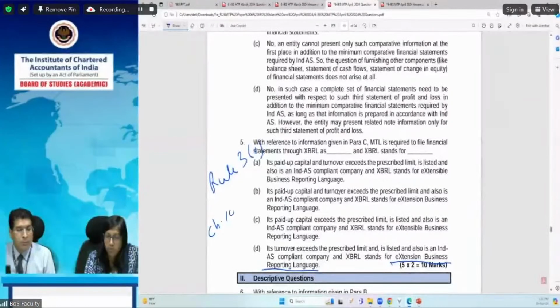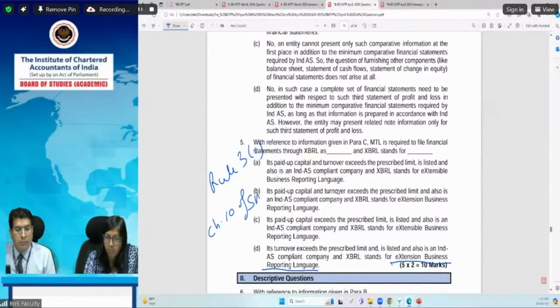So that tells what is XBRL. Then, whether it is applicable on these companies or not, we have to look for Rule 3(1) of those rules, which is in chapter 10. Both these things are covered in the e-filing chapter.